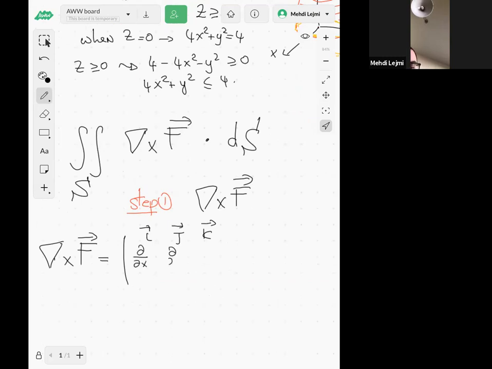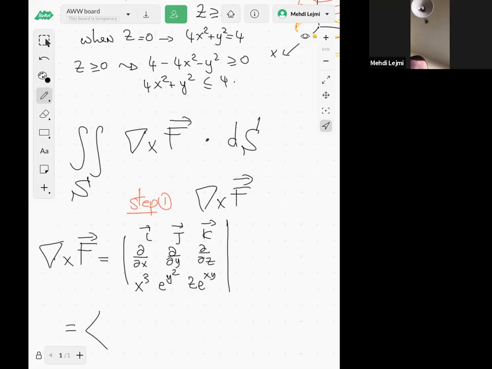So the curl of f, I guess you know how to do this. Here it's x cubed, here it's e^(y squared), and here it's z e^(xy). So the curl would be the derivative with respect to y minus the derivative with respect to z.